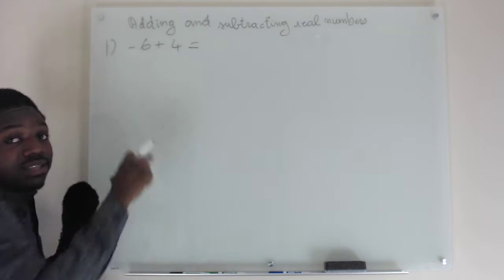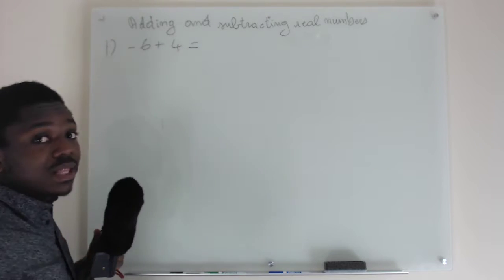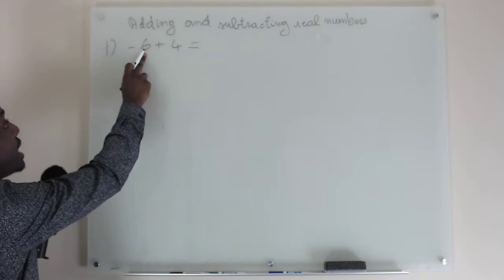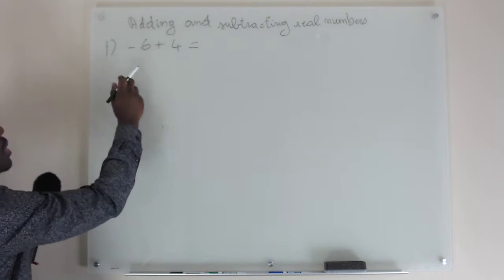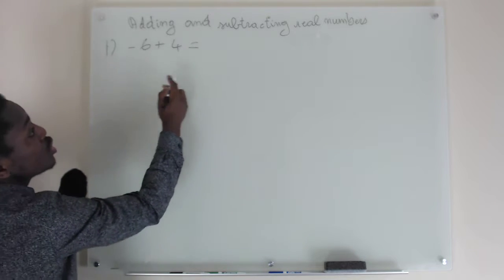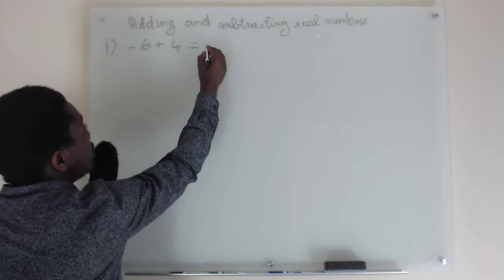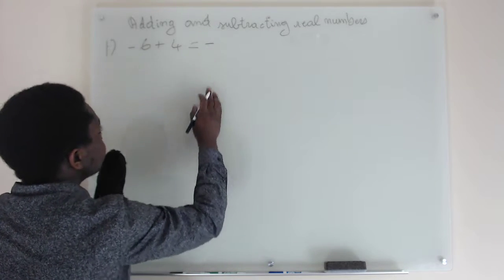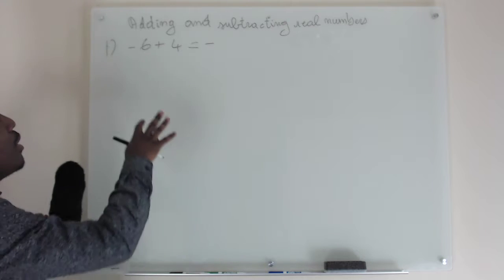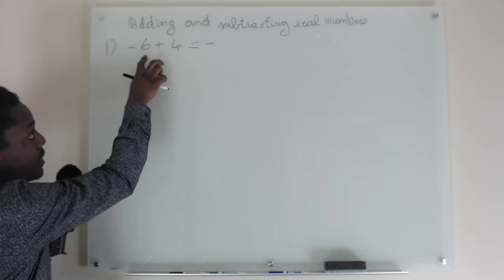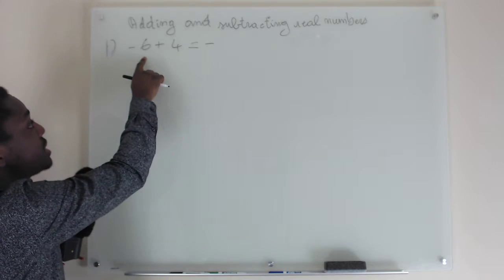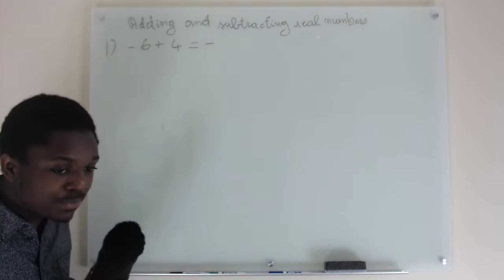So since 6 is bigger, let's ask ourselves the question, what is the sign of the number 6? It is negative. So you put the equal sign, then you put negative. That's the first thing that you have to do. Forget about the signs of these two numbers and ask yourself between 6 and 4, which one is bigger?